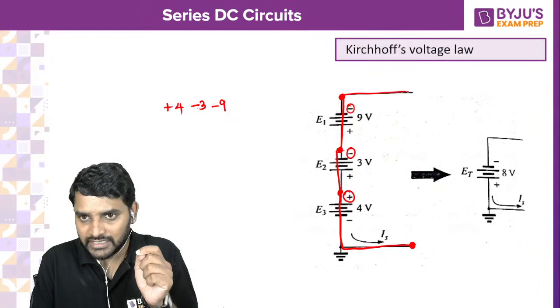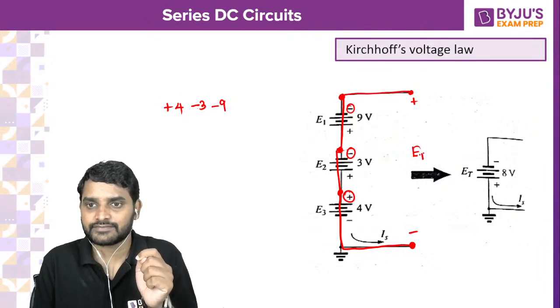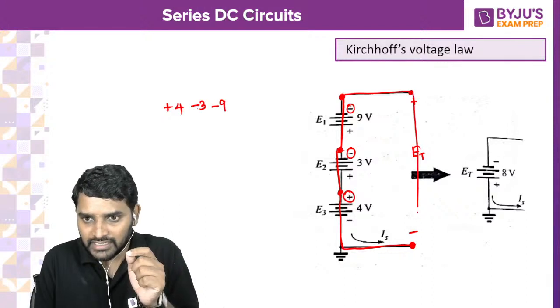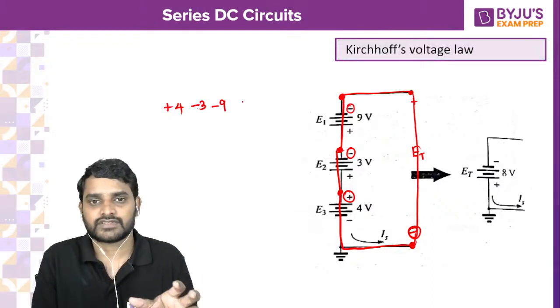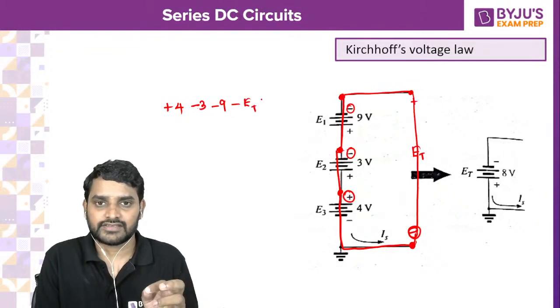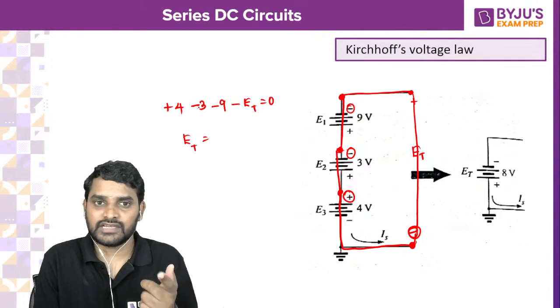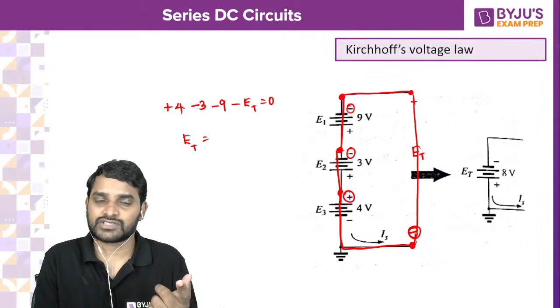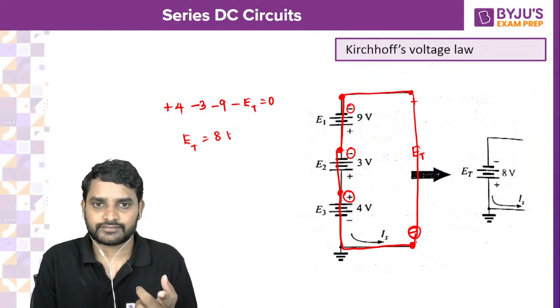Next, here it's open, so let us take a positive, negative ET. Leaving polarity is negative. So I finish the closed path, so minus ET is equal to 0. So ET will be, of course, minus 12 plus 12 minus 4, it will be 8.